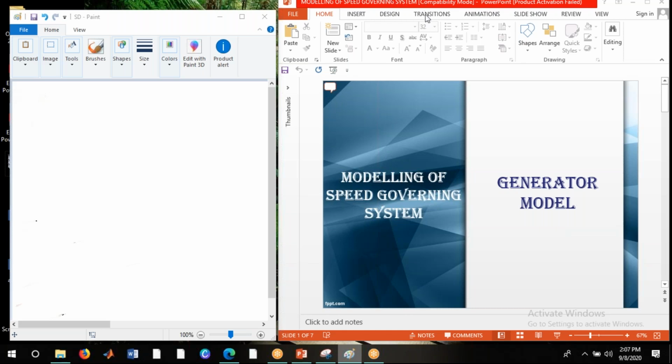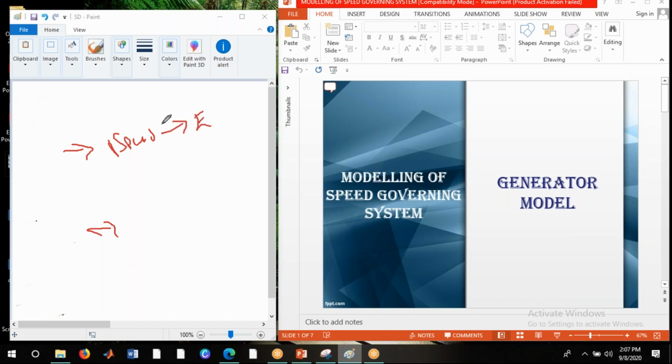Before modeling the generator, we have to consider two parameters. The first one is speed, in the sense of how the generator is rotating. Based on that, we can get the electrical power.